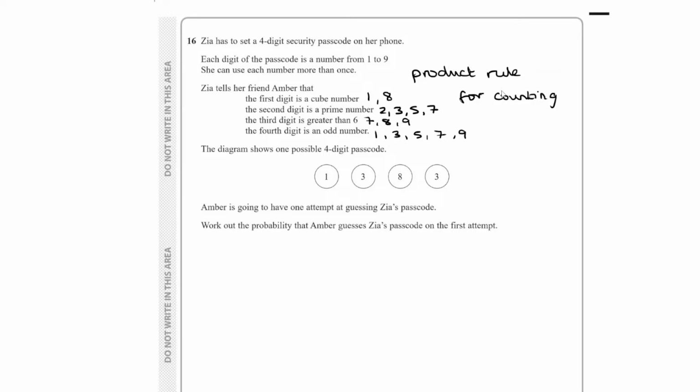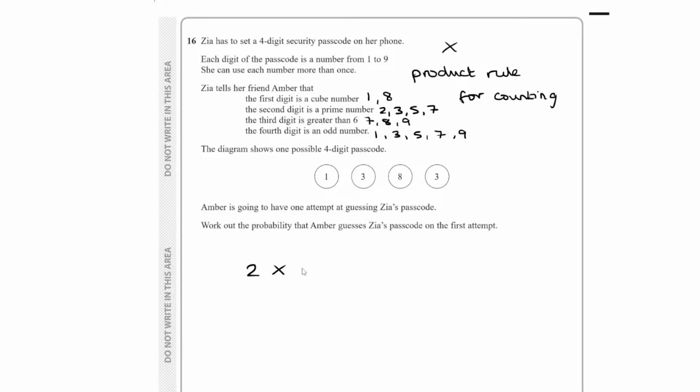Now, product rule, as I said, means multiply. And for counting, we're counting how many combinations there are, basically. So of every category, whatever the context is, you multiply however many options you've got each time. The first category is our first digit. How many options do I have? I've got 2.